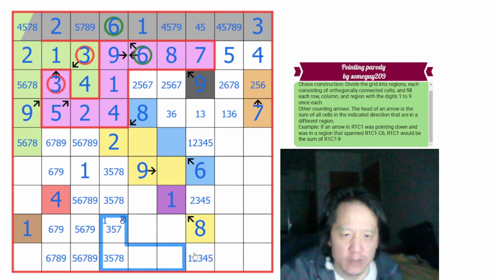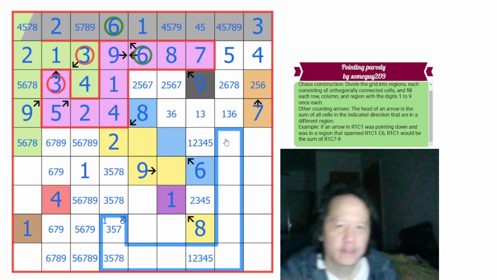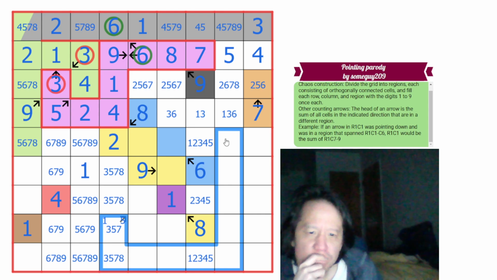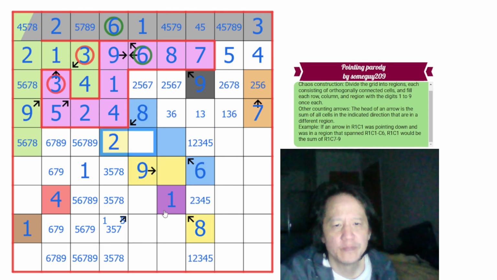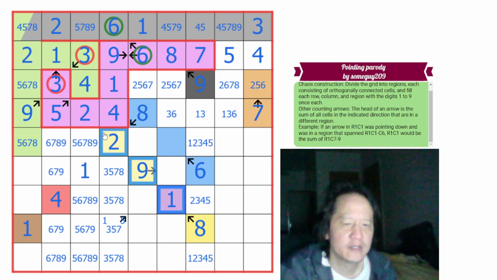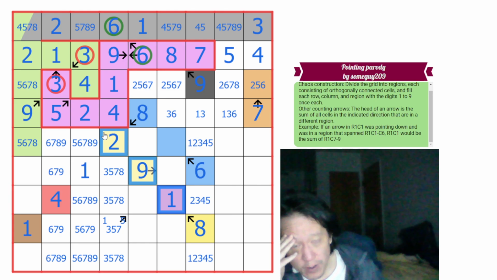I mean, could this go all the way? I can't, right? 1, 2, 3, 4, 5, 6, 7, 8, 9. That's the minimum. And if it's part of yellow, there might be something wrong with my logic up there.